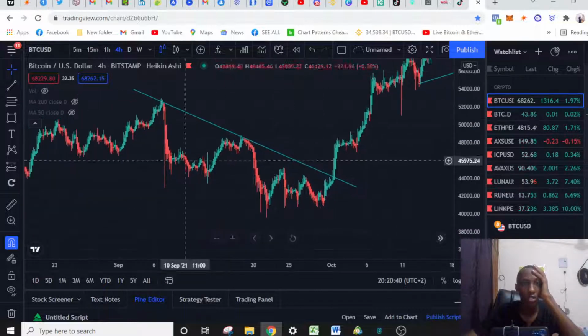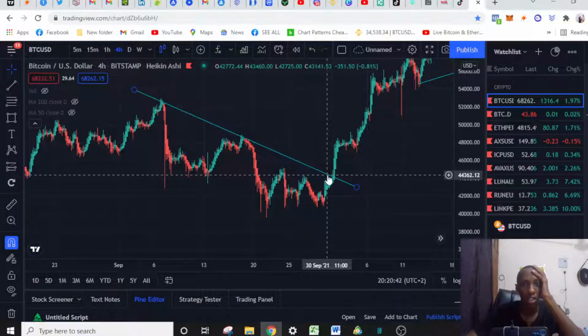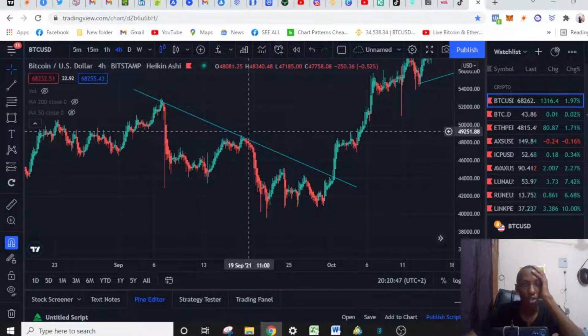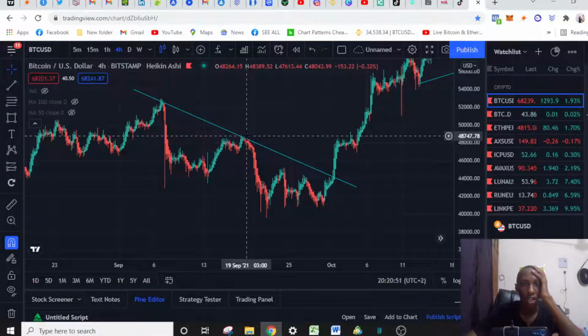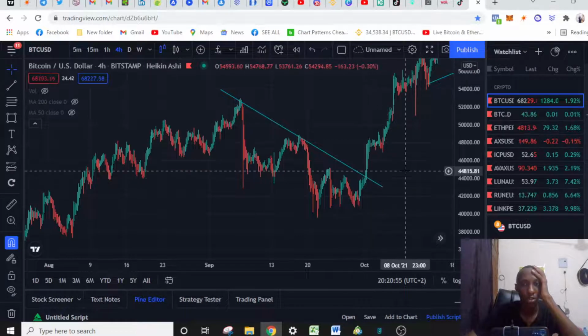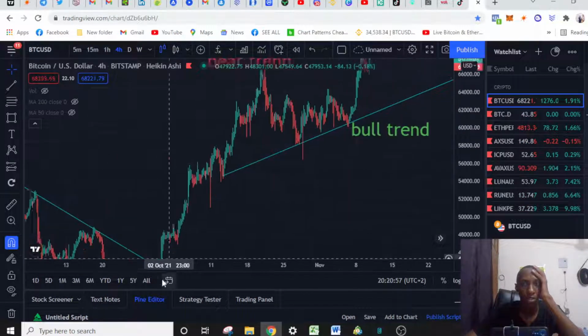So when the price is trending down, you draw the trend line, and anytime the price comes to the trend line, you have to see price change. You can see right here it overturned, and once it breaks out that trend line, boom, it goes.